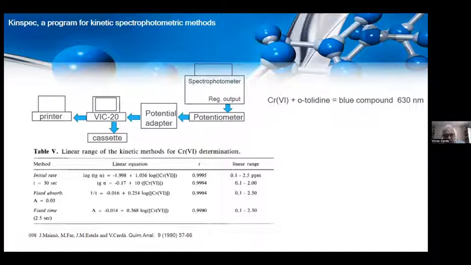In this case, we have connected the spectrophotometer and connected a potentiometer to the recorder output in order to make the analog to digital converter, where the signal is introduced to a computer. At the time when we made this procedure, personal computers still did not exist.